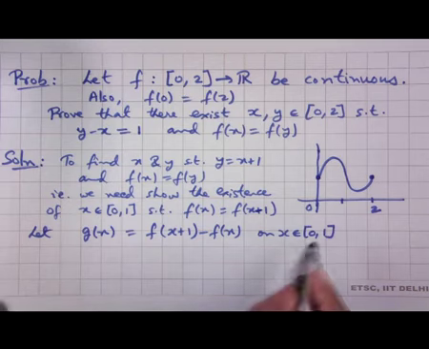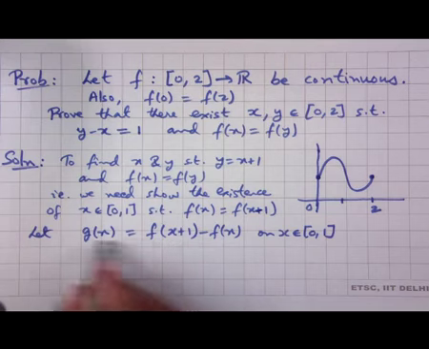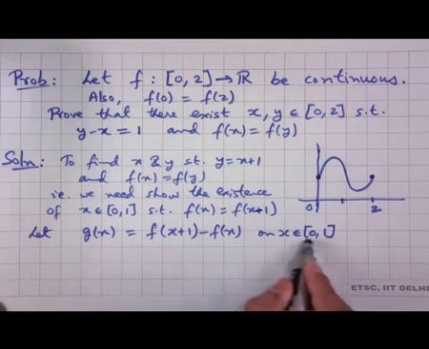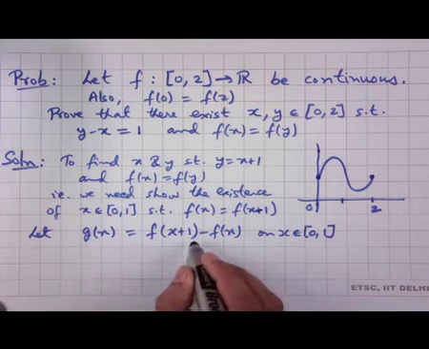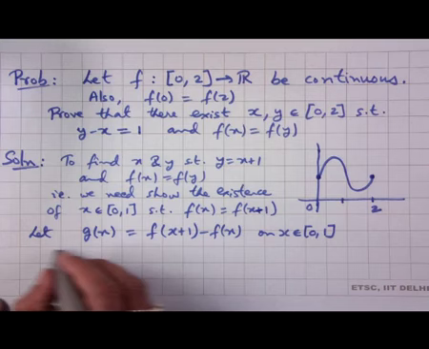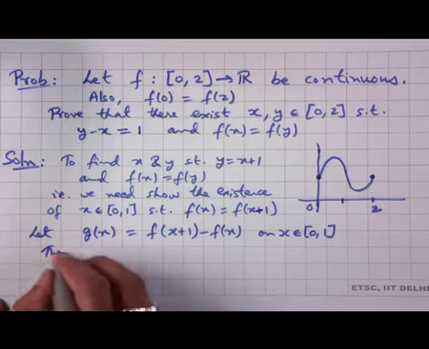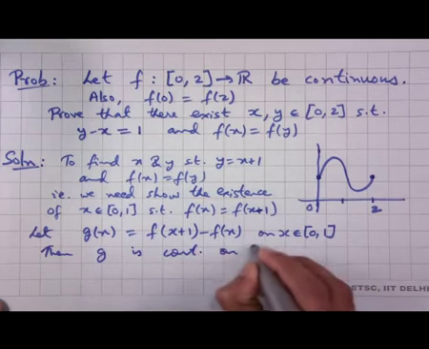So, if x is between 0 and 1, x plus 1 is between 1 and 2. So, g of x is defined in the interval 0 1 and g is continuous on the interval 0 1.